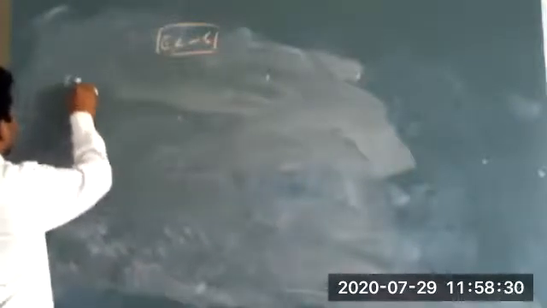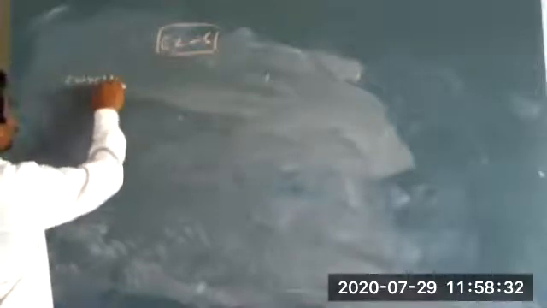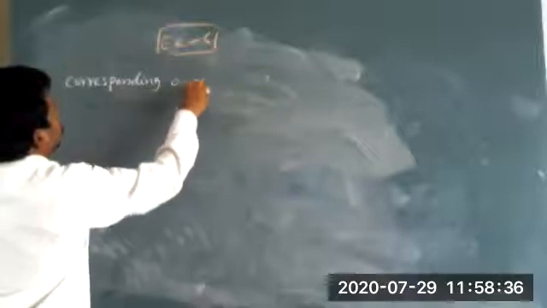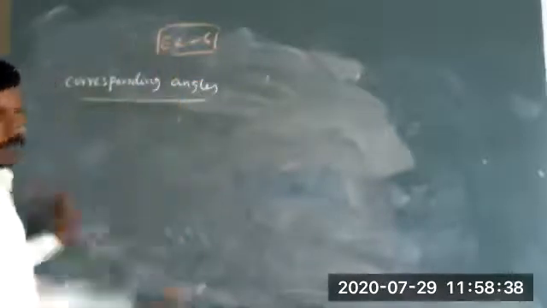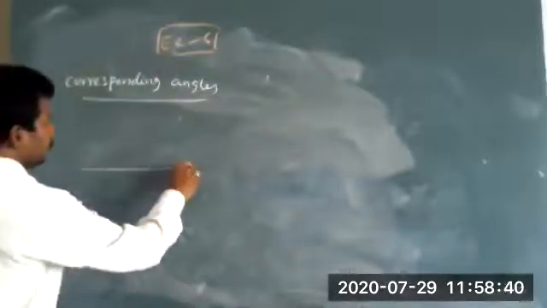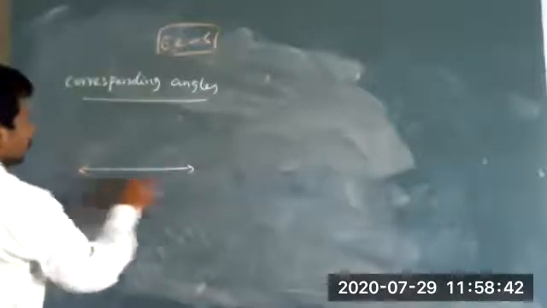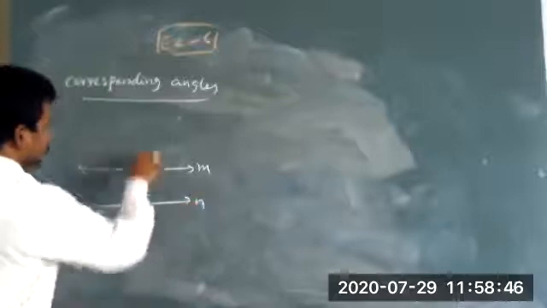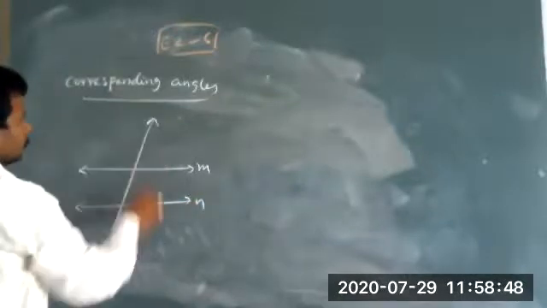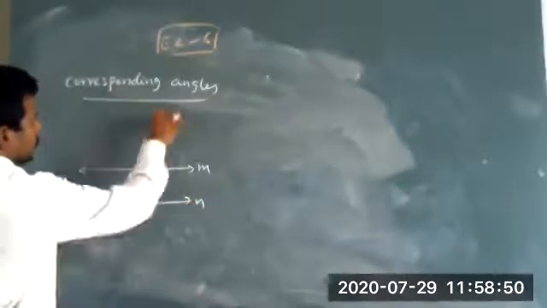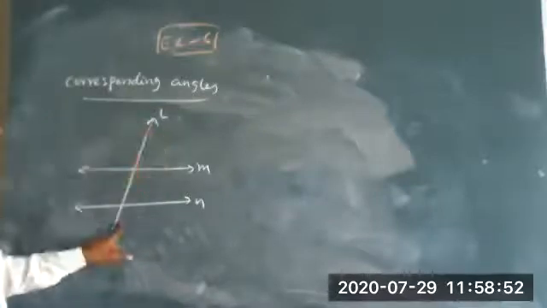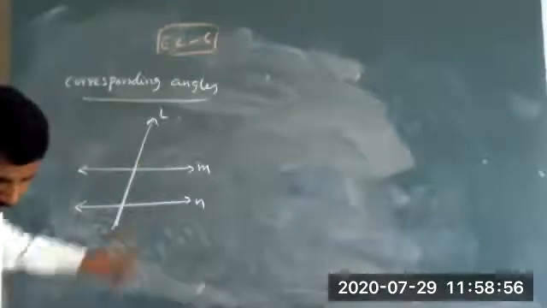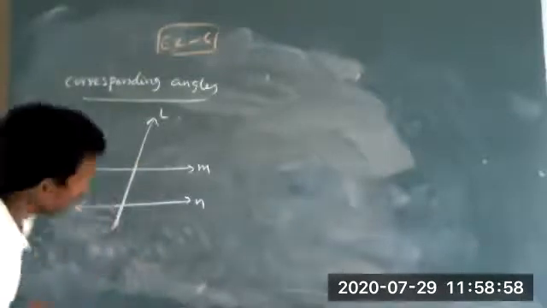Now discussing about corresponding angles. Take two lines. This line M, this line L. This is a transversal line. Now discussing about corresponding angles.